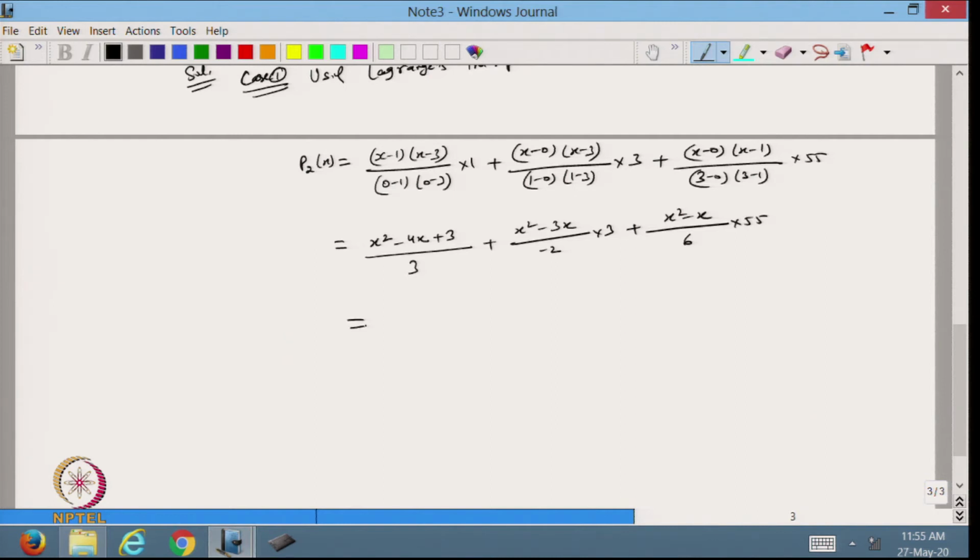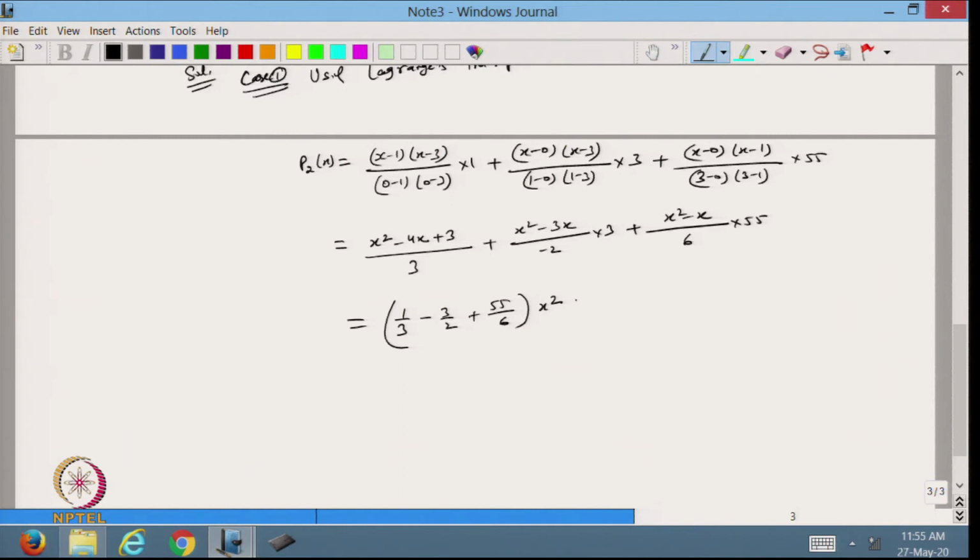So, from here I can write, based on this, I will collect all the terms corresponding to x square. This expression I can write as 1 by 3 minus 3 by 2 plus 55 by 6, times x square.